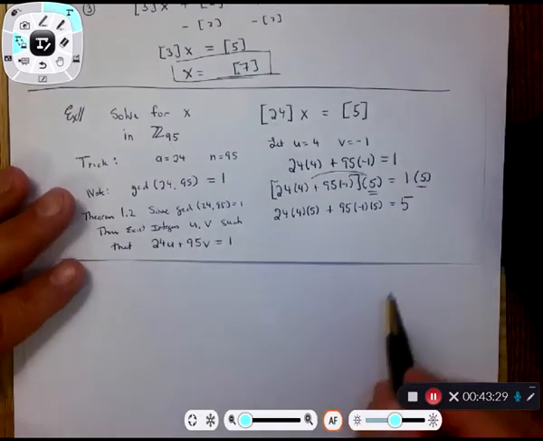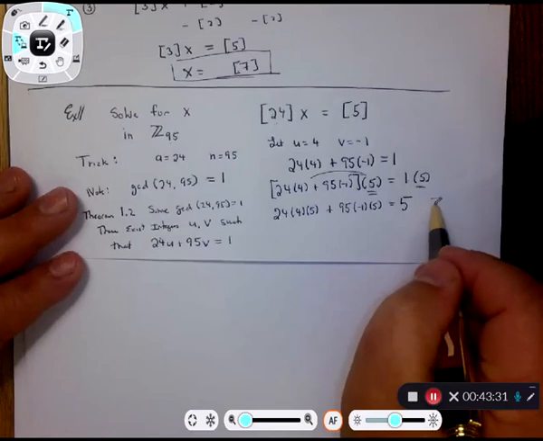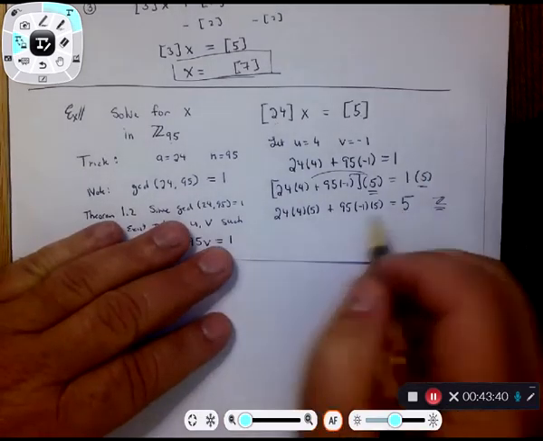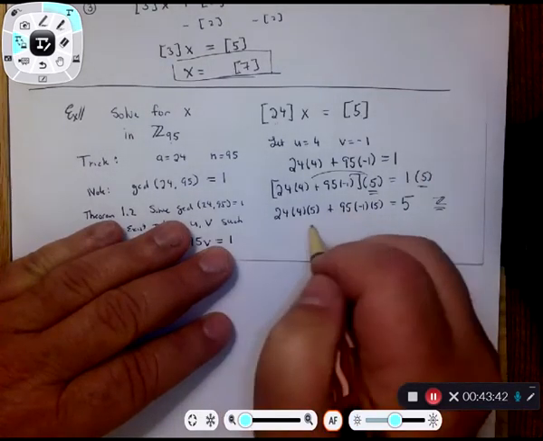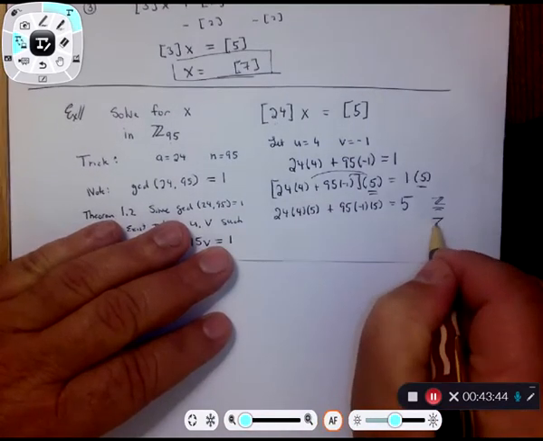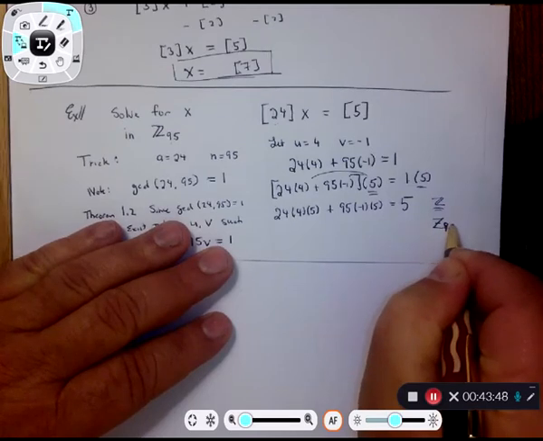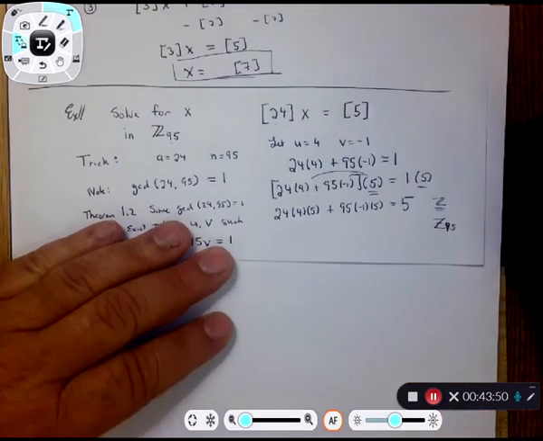Now this is just in the integers, Z. What I'm going to do is put these back in terms of equivalence classes. Let's convert it back to Z mod 95.